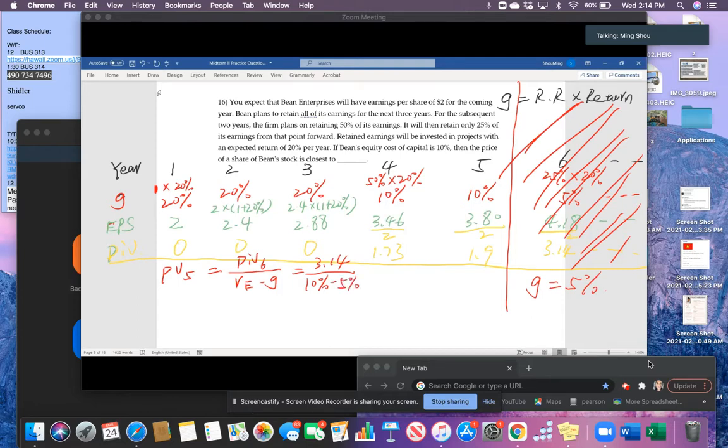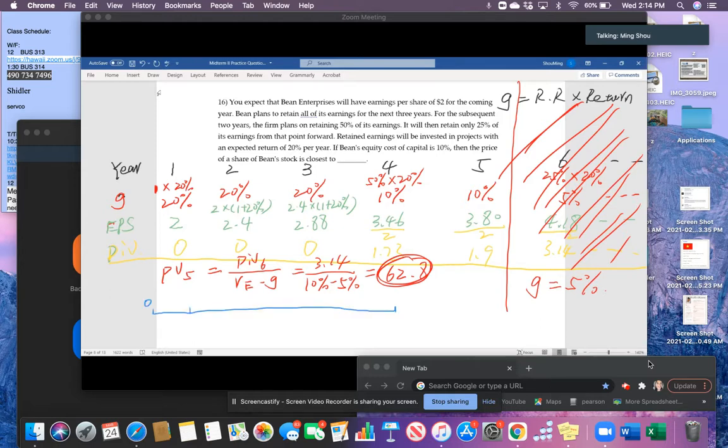We have calculated that, so it would equal 62.8, which means that if we convert all the cash flows after year 5 into year 5's value, it would equal this amount. Now we can convert the question into cash flow like this.